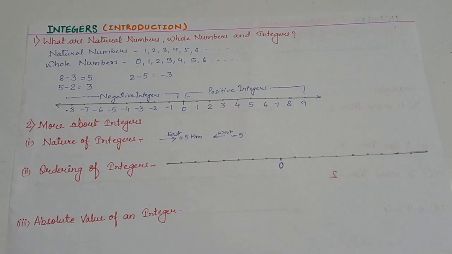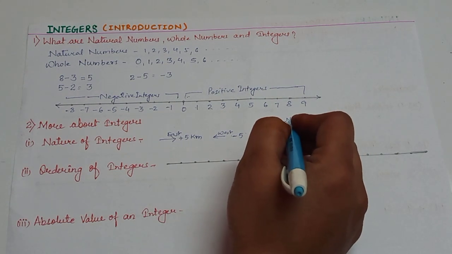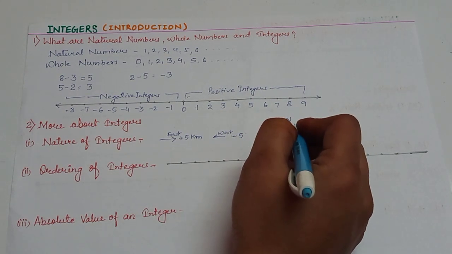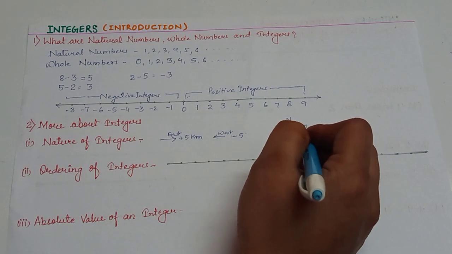So these are called directed numbers. Like, if going towards north is represented as +5 km, then going towards south will be represented as -5 km.